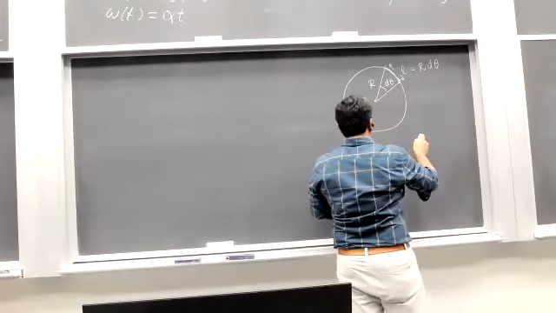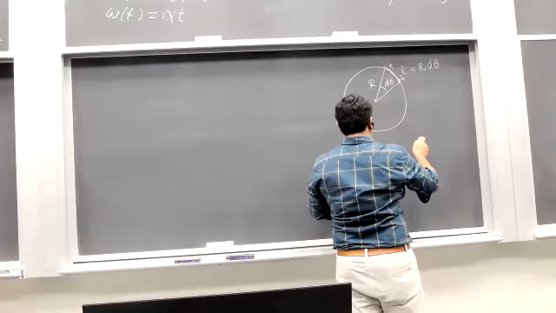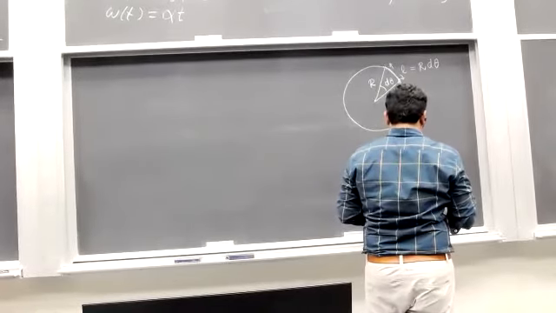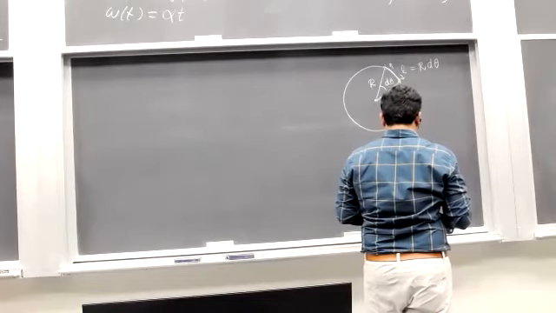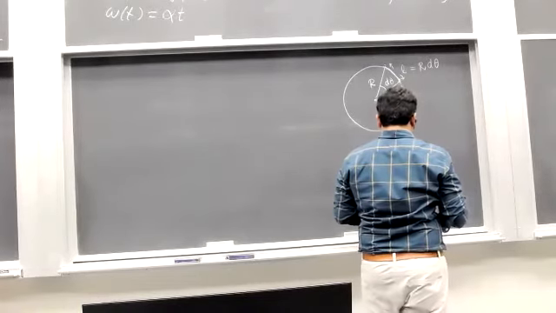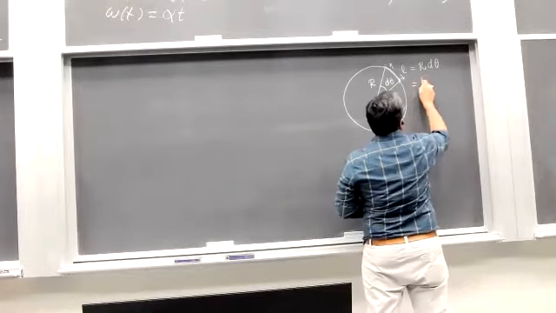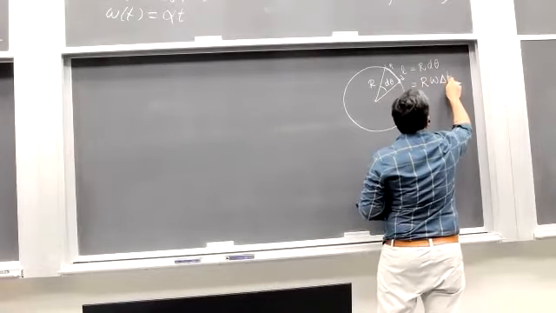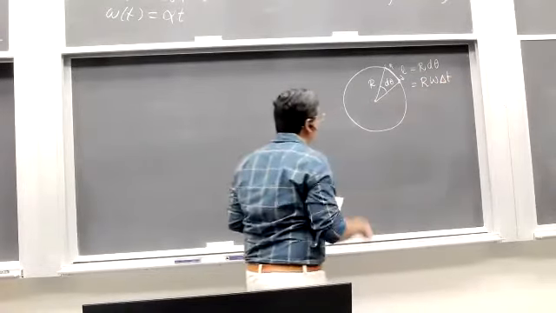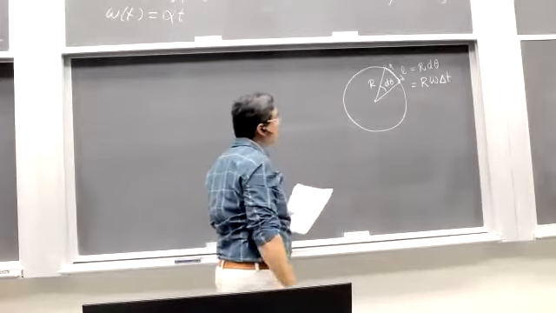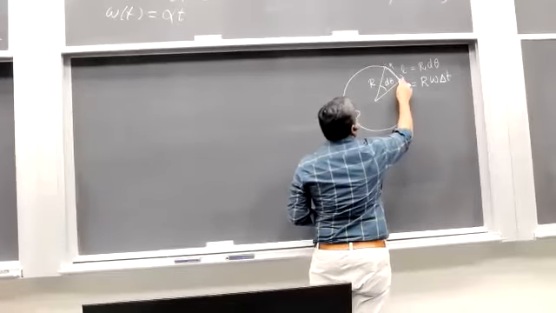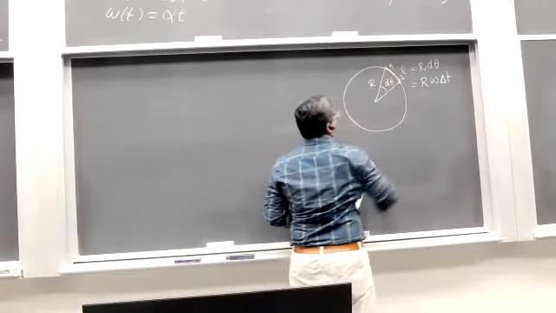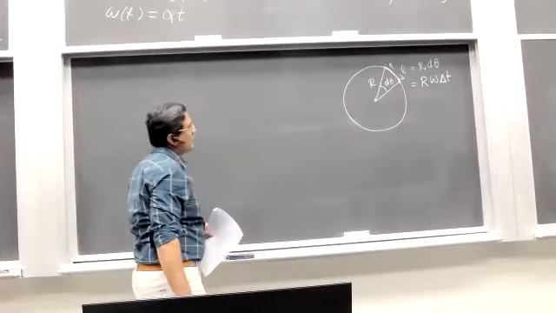And then can I also write this R omega dt? ये सब वही आ जाता है. सही है. So this is the distance a point on the surface of the sphere has traveled.